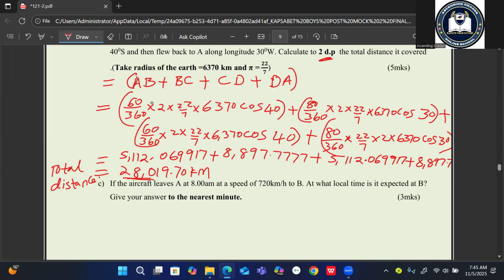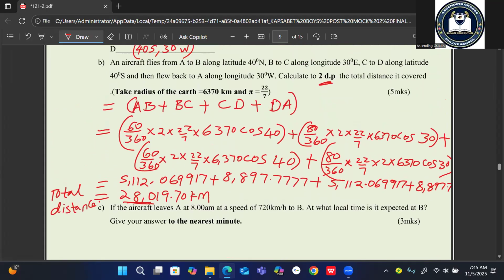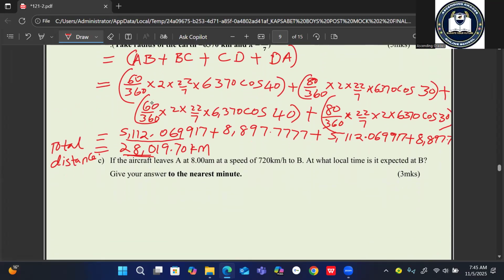So from A to B, the aircraft leaves A at 8 a.m. at a speed of 720 kilometers per hour to B. So what is the distance from A to B? The distance from A to B we obtained as this one. Since we have the distance and the speed, we have to find the time. We know that time is equal to distance over speed.